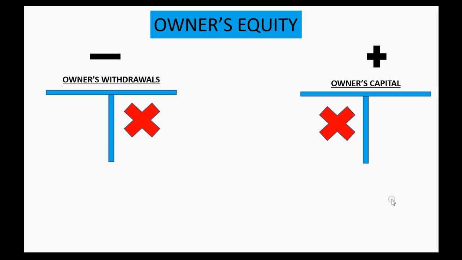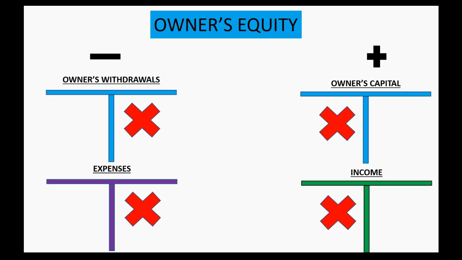Now, in closing, you should know that owner's capital and owner's withdrawals are not the only accounts under the category of owner's equity. The other two accounts under the category of owner's equity are the two accounts that we learned about right here in this video. Both expenses and income are also technically under the category of owner's equity.